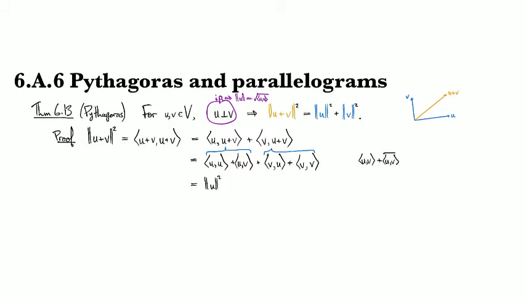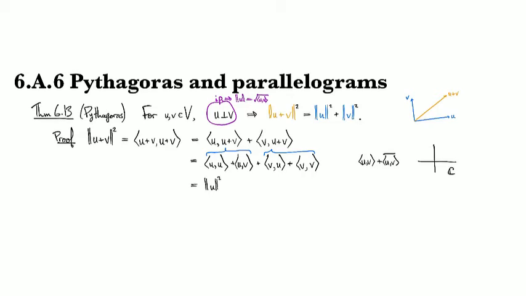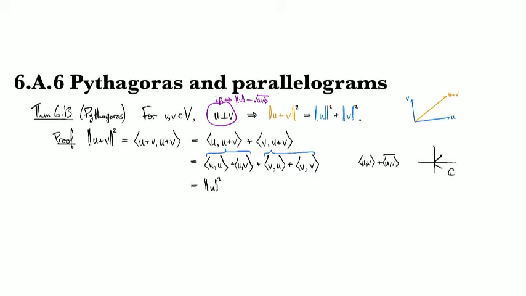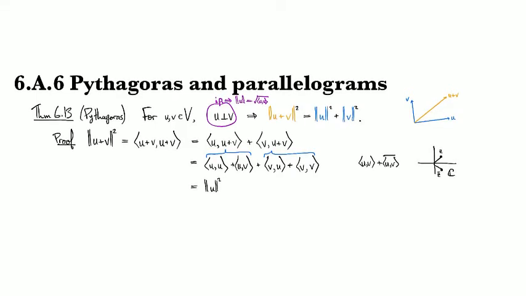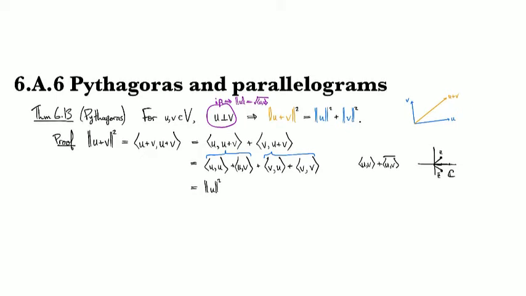And if you add a complex number, so here's a picture of the complex numbers. If you add a number and its conjugate together, then what happens is the horizontal components stack and the vertical components cancel.